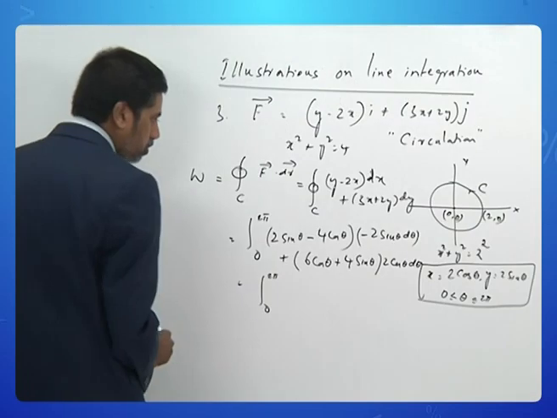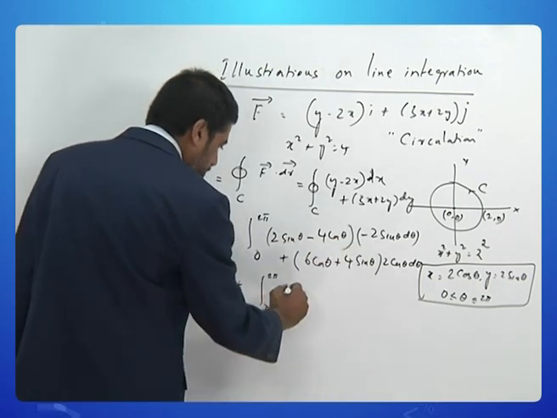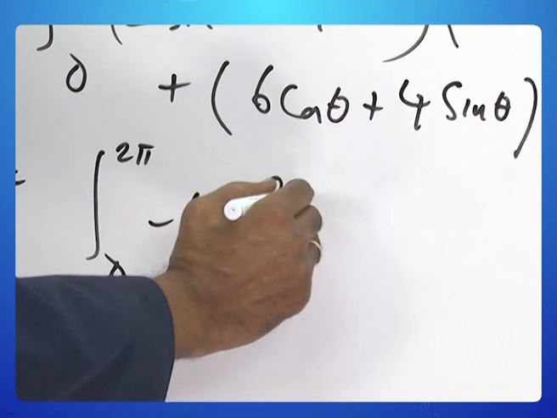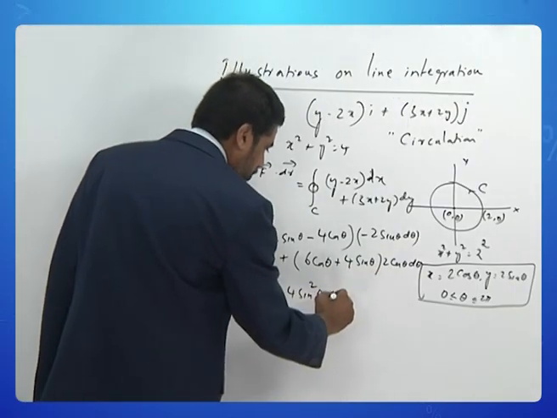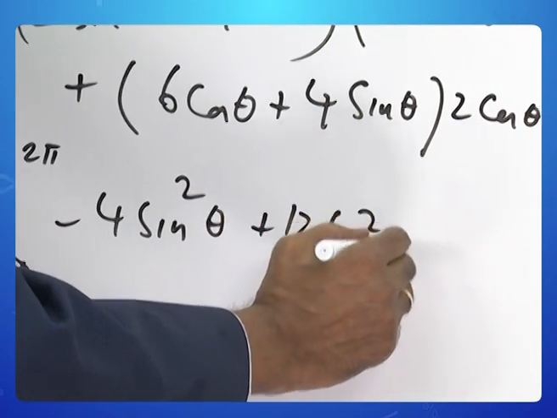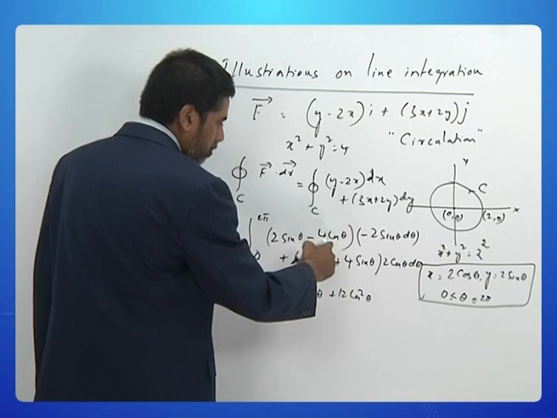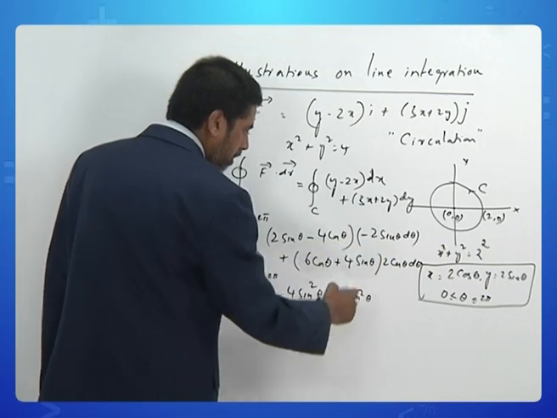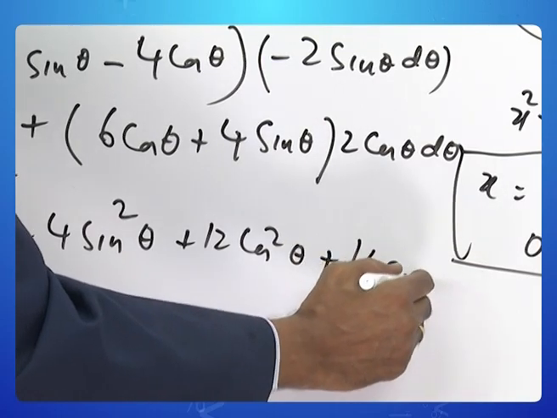So this would become the integral from 0 to 2 pi of minus 4 sin square theta, then plus 12 cos square theta. Then you have got the product terms, 8 sin theta cos theta plus 8 sin theta cos theta, that becomes 16 sin theta cos theta.